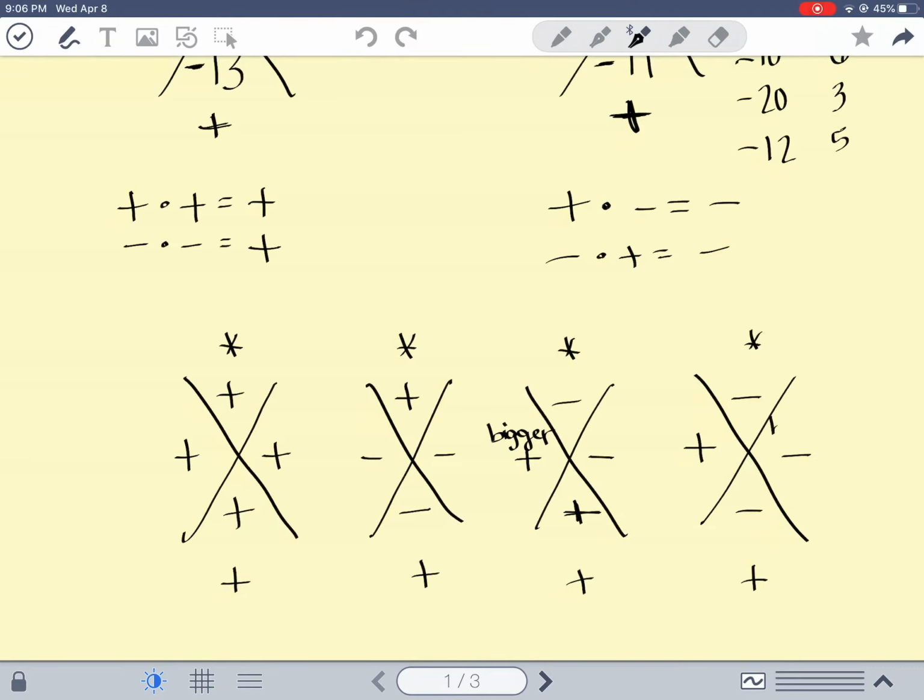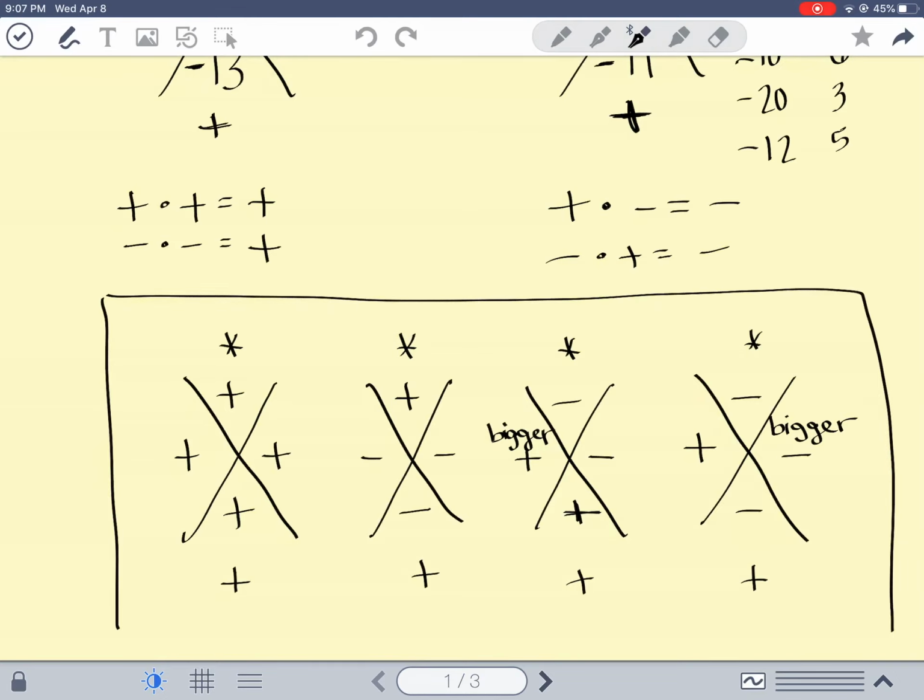If we multiply to a negative and add to a negative, that means our negative is going to be the bigger because we have more of our negatives. Okay, so that's going to make more sense as we start to get into this, but you definitely want to make sure that you have this on hand over the next several sections, because we're going to be working with this. This is called the X method, okay?